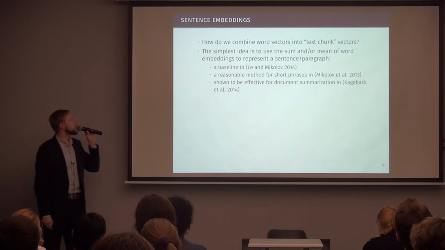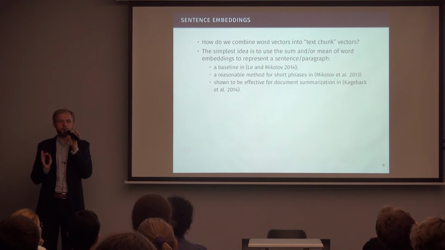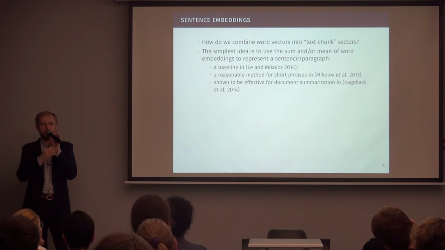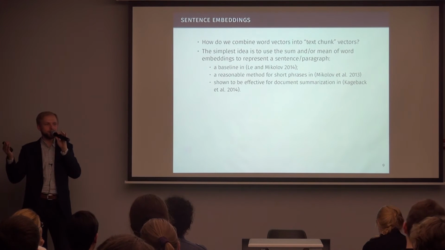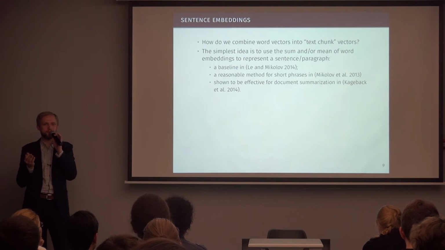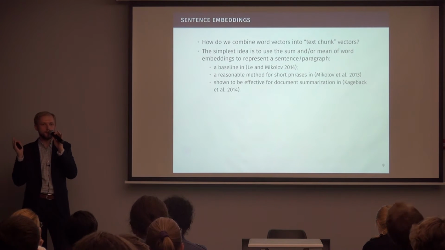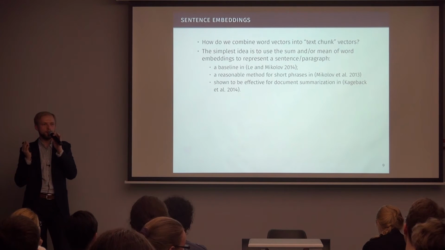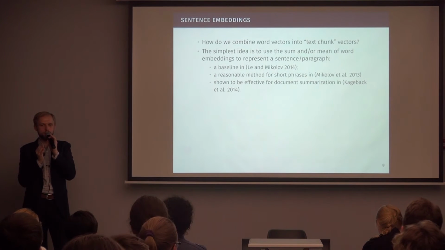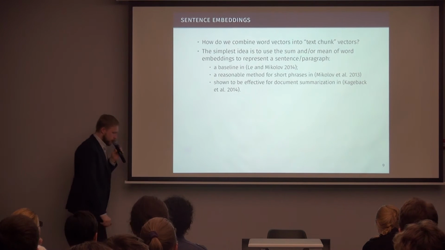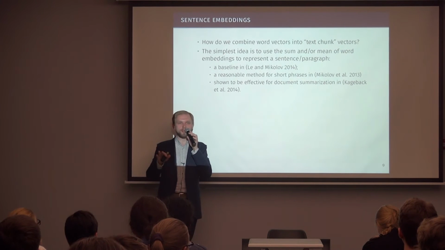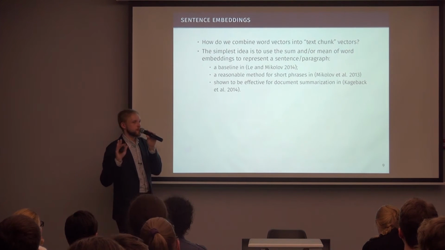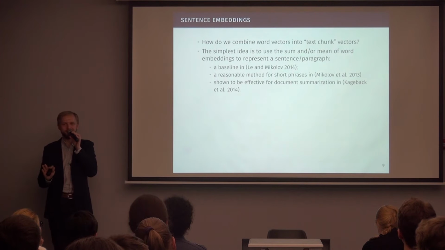Well, the very simplest idea is to take the vectors of a text chunk and take the average, or take the sum of the vectors. So just do some simple operation on them, reduce them to a single vector. And again, maybe an important takeaway point for practice: in practice, it works very well. Okay? So it works unexpectedly well.